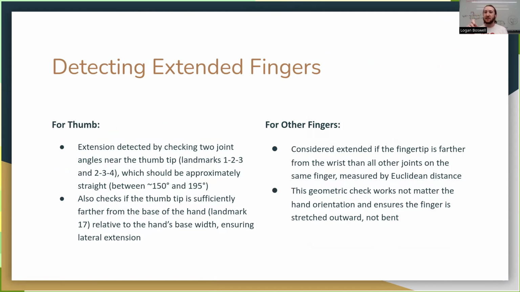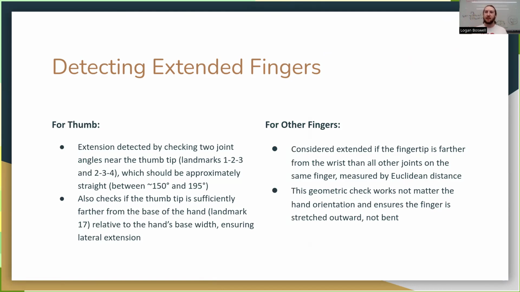If the distance from the tip is greater than the distance of these other landmarks from where the finger connects to your hand, then that counts as the finger being extended. In my implementation, I use Euclidean distance. So even if you have your finger tilted or upside down, it's orientation invariant. It's still able to detect if it's extended, even if it's not pointed straight up in the air.